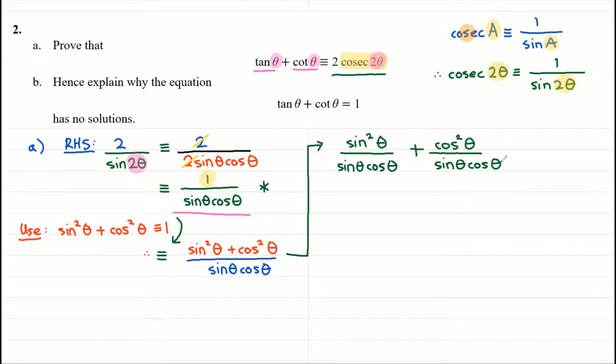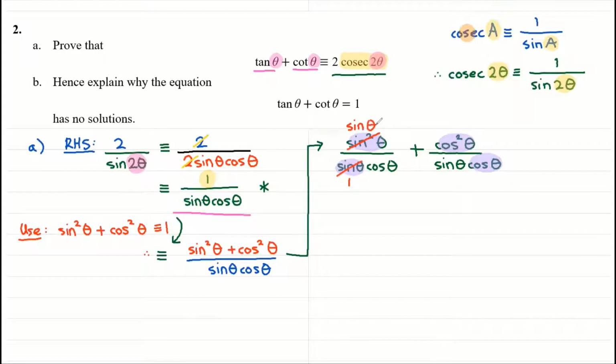Okay. Now, let's have a look at the cancellation. We've got lots of cancellation going on here. We're going to lose a power of sine in the numerator, and that's going to cancel with the sine in the denominator. The same thing's going to happen with the cosines there. So that's going to be 1, and that's going to be sine theta.